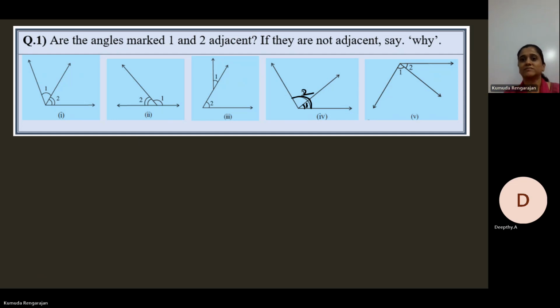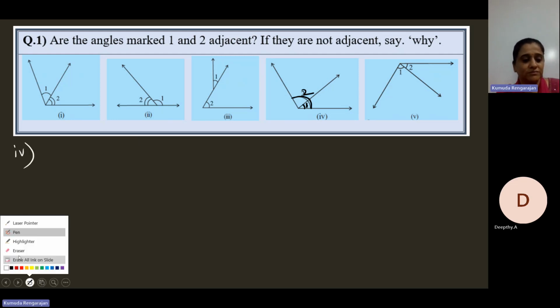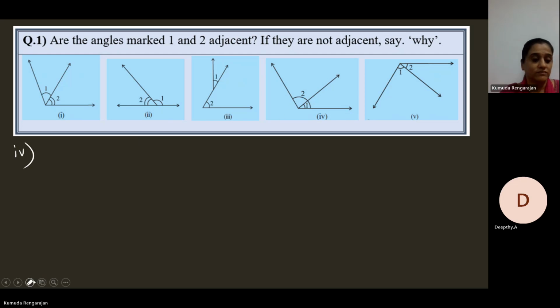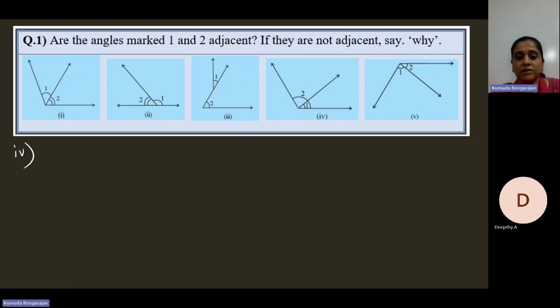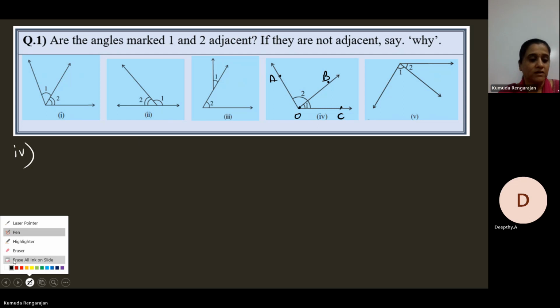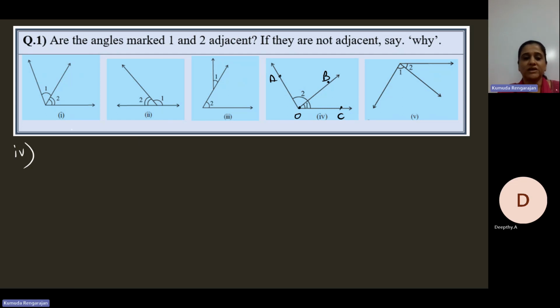Okay, let's do the fourth one together. Let me name the angles. Let me call these points O, A, B, C. Now we are checking if angle 1 and angle 2 are adjacent angles.